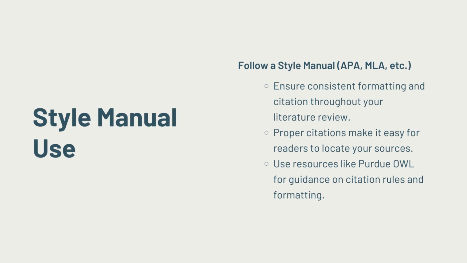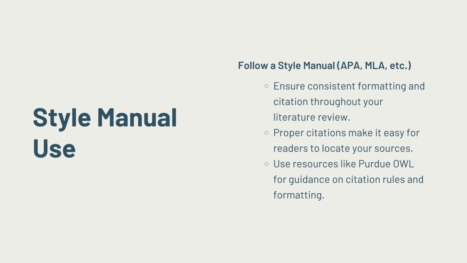And lastly, every field and sometimes different journals as well require a specific style manual. For our university and in most other business research related studies, we do recommend the use of the APA, or the American Psychological Association style, the seventh edition, which is the most recent one.